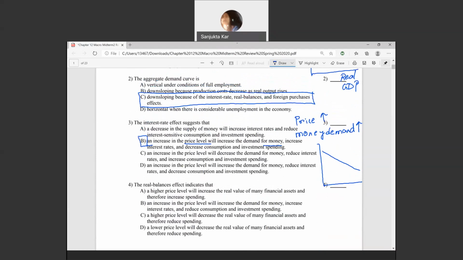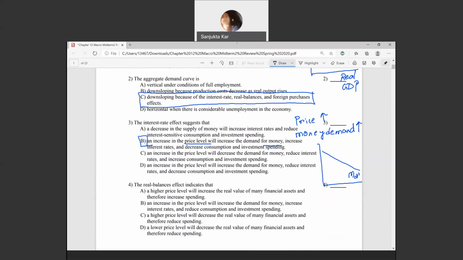Interest rate effect suggests that an increase in price level. When price increases, people are going to demand more money. So the money demand curve is a down sloping straight line.